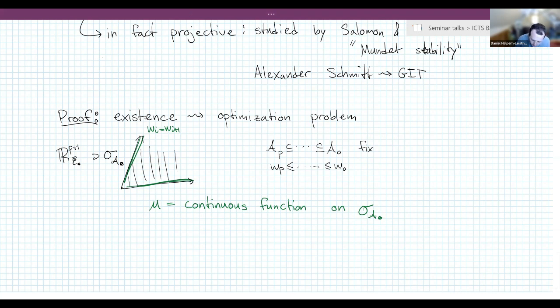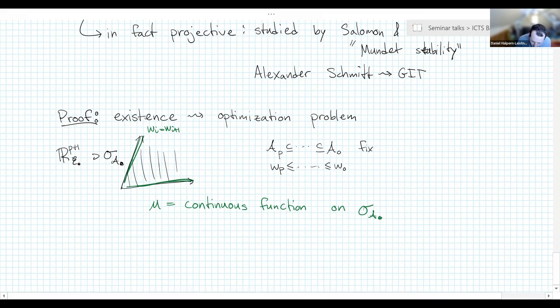And the thing that makes this question really tricky is that this is the cone of all possible filtrations of the bundle, but inside of here, you have a cone. These are filtrations that are compatible with the algebra structure.